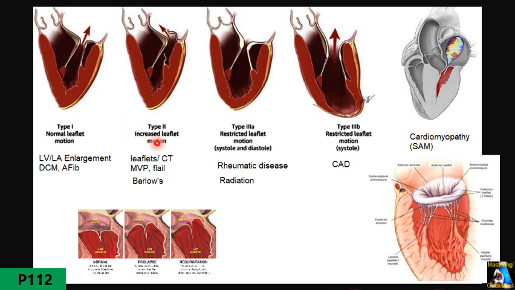In type 2, we have some kind of degenerative disorder in the mitral valve leaflet or chordae tendineae. At the top of them, there is mitral valve prolapse, the classic mitral valve prolapse. In this case, it is usually age-related, like the other age-related changes that happen in the skin, where we lose collagen and fibrin in the subcutaneous and connective tissue.